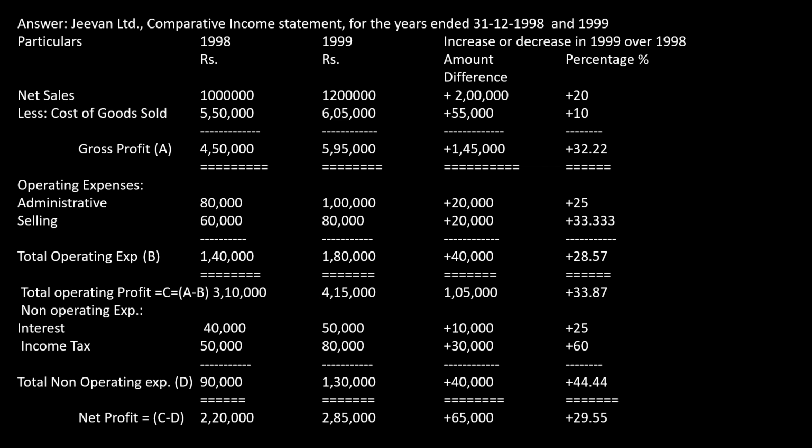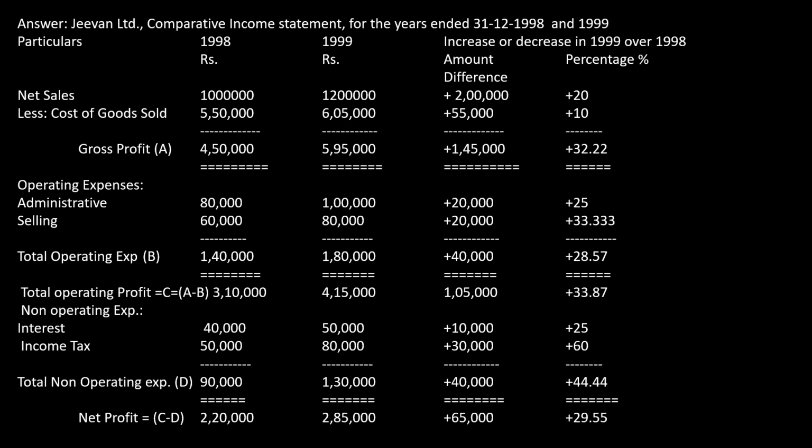So I know the total operating expenses: 1,40,000 and 1,80,000, and 40,000 is the difference. Again, 40,000 by 1,40,000 into 100 will give me plus 28.57%. Then I know my operating expenses and I know the gross profit.